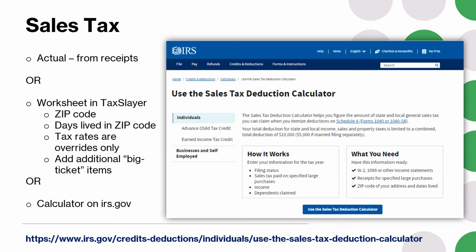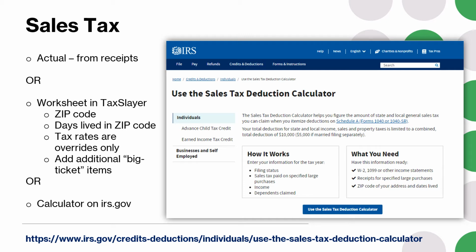You don't need to touch those. Those are only for overrides. It does a great job of looking up our state sales tax rate of 6.5% and our local tax rate of 1.9%. And so people get their 8.4%. But you don't have to enter those percentages in.